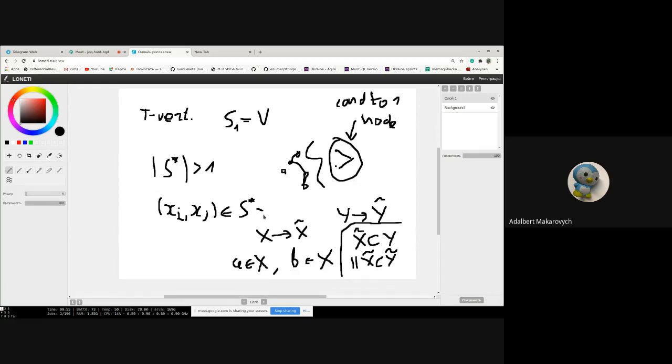So we'll have a property that all vertices from each Si, the rest of the T vertices in the tree, will lie either in X or X tilde, and we'll want to add the respective edges from Si to X or from Si to X tilde, to one of the two new vertices.